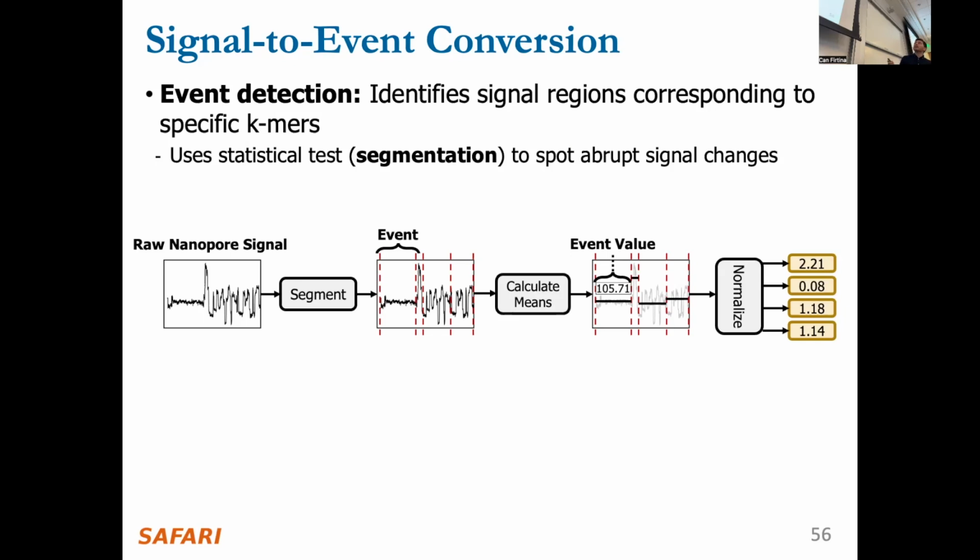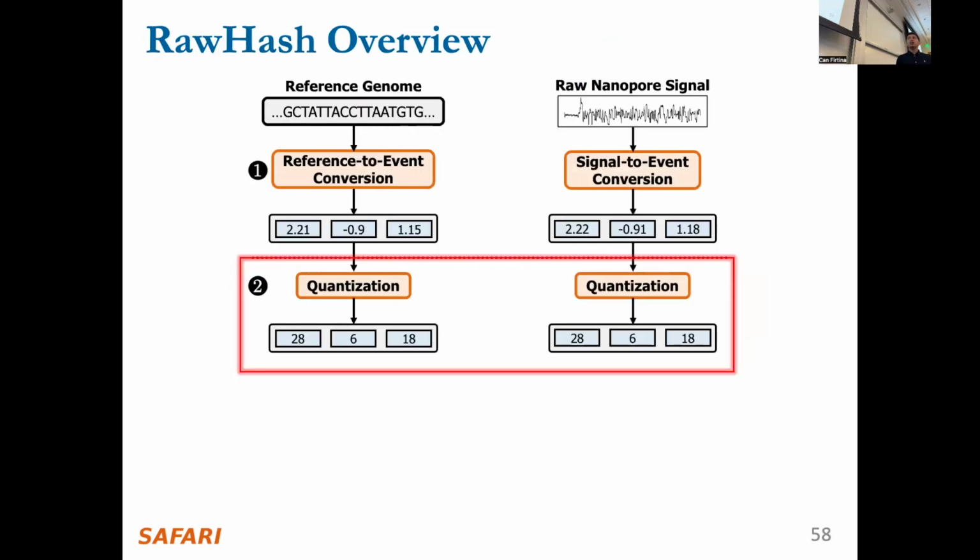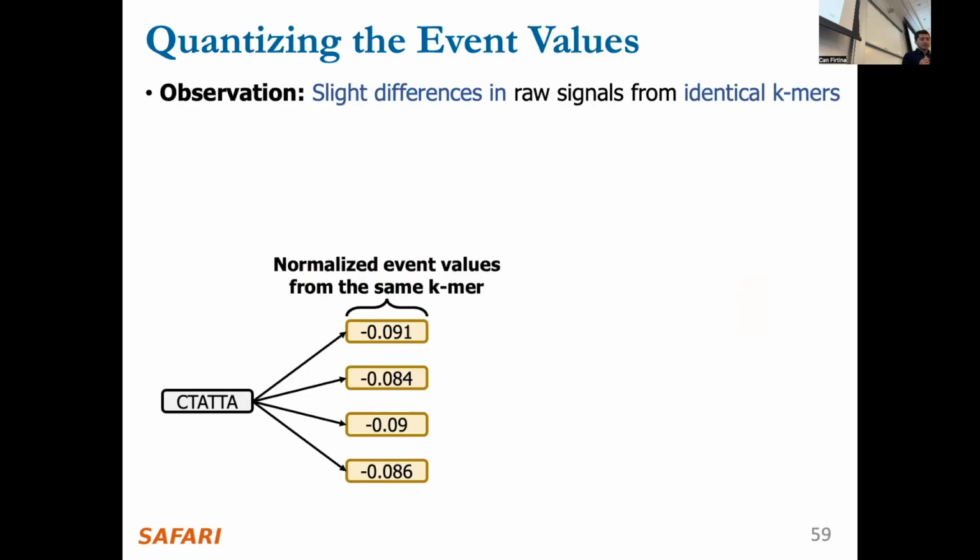The values that we get at the end are comparable to the values that we generated from the reference genome. Now that we have these consecutive events, which are supposed to be consecutive k-mers, the question is, can we directly match these events to each other to identify similarities? For that, I'll cover the quantization step in our work.